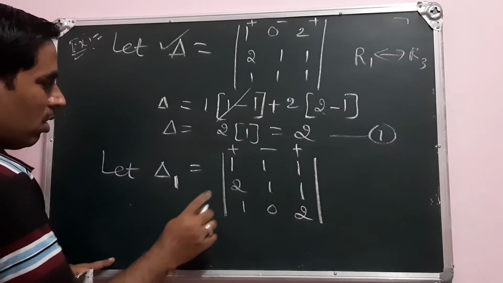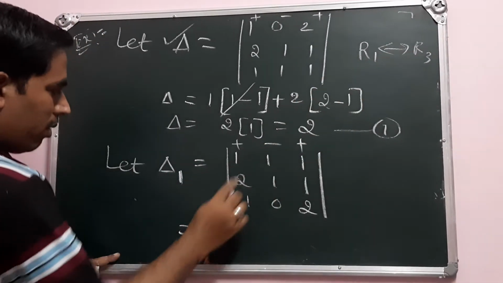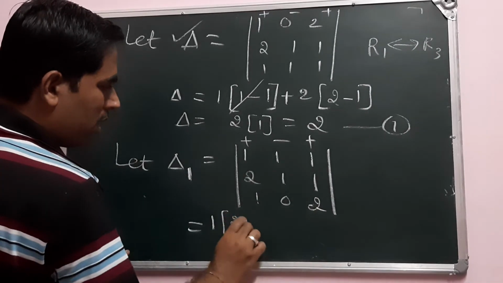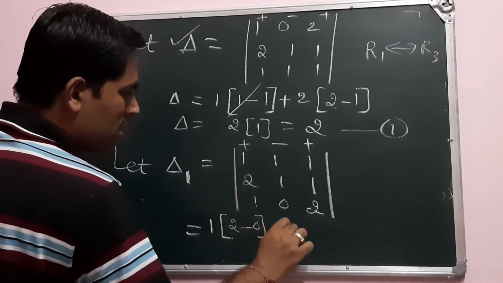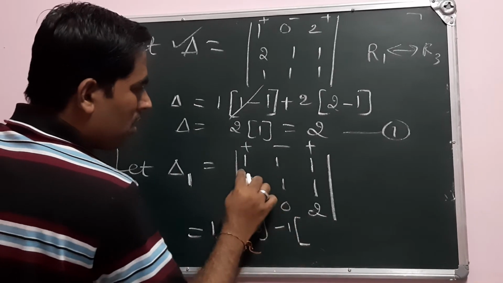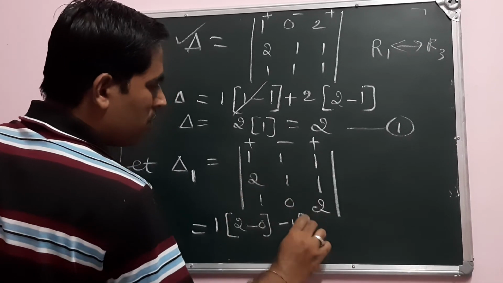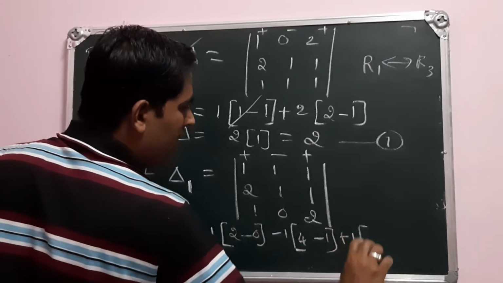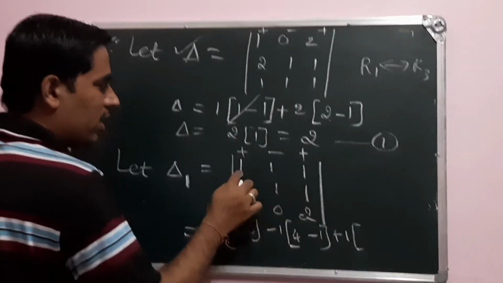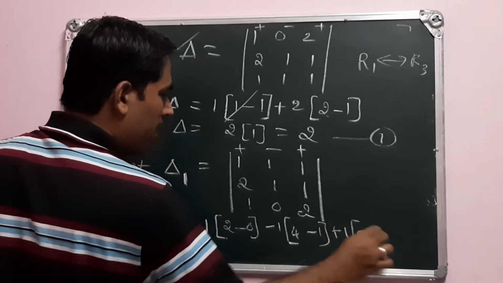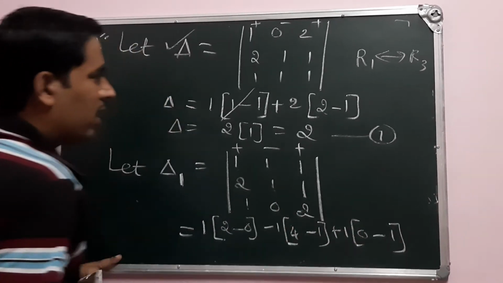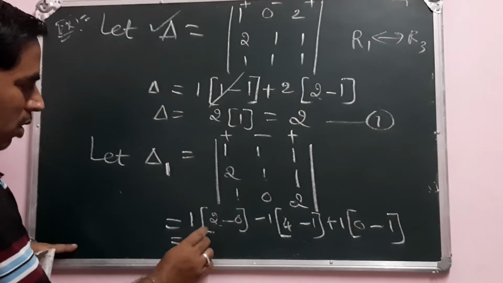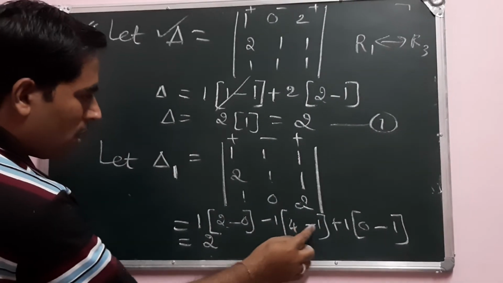I have interchanged the first row and third row. So I will take the value here, 1 into, this row and this column, so 2 into 1 2 minus 0, minus 1 into, this column and this row, 4 minus 1 into 1, that will be what? 1. Then plus 1 into, this column and this row, delete this, 2 into 0 0 minus 1 into 1 1. So we have to take the product here. 2 minus 0 is 2. 2 into 1, what will I get? 2. 4 minus 1 is 3.